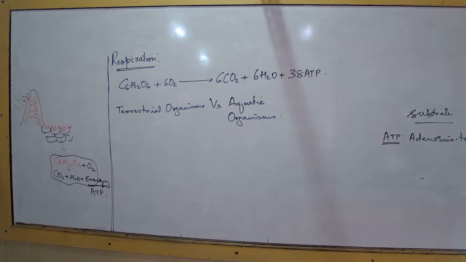Write down. The answer, right? First point: atmospheric air has a higher proportion of oxygen as compared to the oxygen dissolved in the water. Full stop.